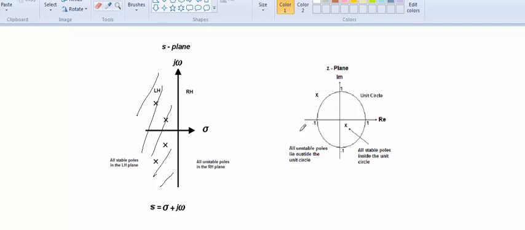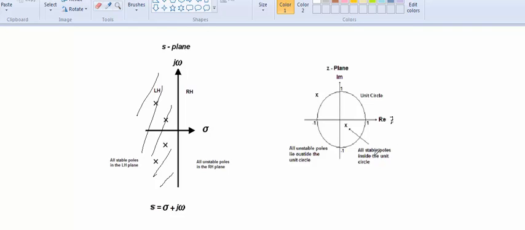The same applies in the Z-plane. Z is a complex number, with a real part and an imaginary part. This is the unit circle, where the radius, or magnitude, is 1. If the root is inside this unit circle, the system is stable.